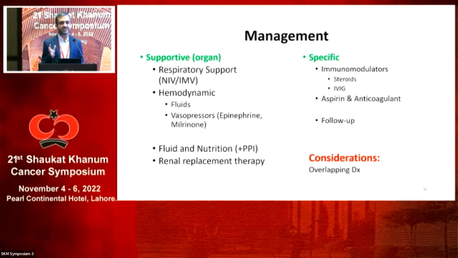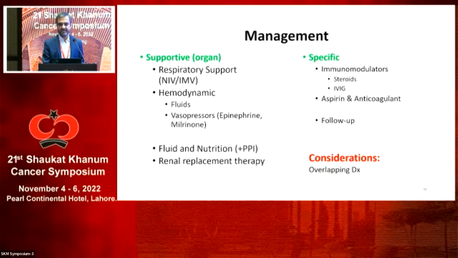Another consideration in these patients is overlapping diagnoses, because if we look at MISC, we can have a lot of children with underlying cancers. And we also saw dengue patients presenting with raised inflammatory markers and thrombocytopenia who had overlapping features with MISC.